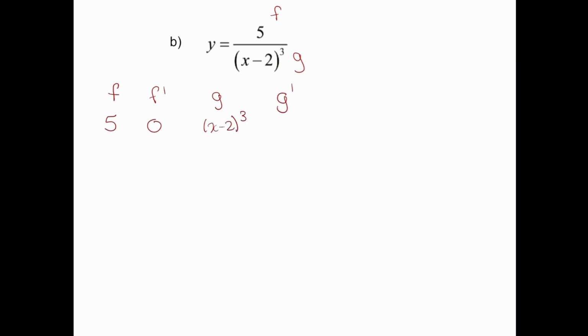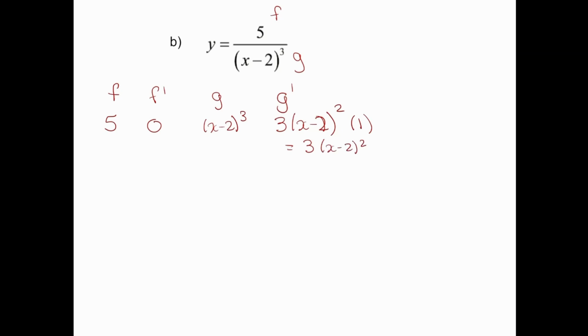My derivative of x minus 2 cubed, using the power rule, I bring the 3 down, I have x minus 2, and 3 take away 1 becomes x minus 2 squared, all times the derivative of what's inside, that's just 1. So my derivative of the bottom is 3 times x minus 2 squared.